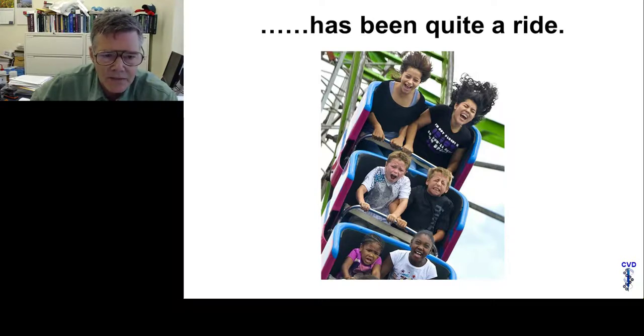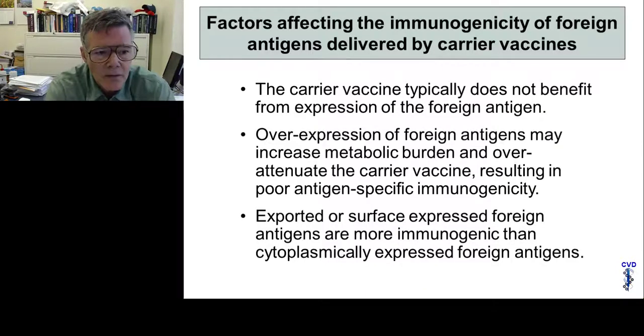So as the years have gone by, we've had to create a lot of the tools that we've needed. So the first thing I want to talk about, if we're talking about carrier vaccines, is that we need to express these foreign antigens in a way that the immune system can see them and mount the appropriate immune response against them.